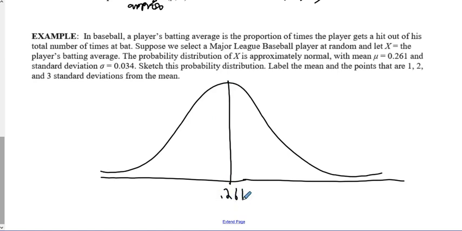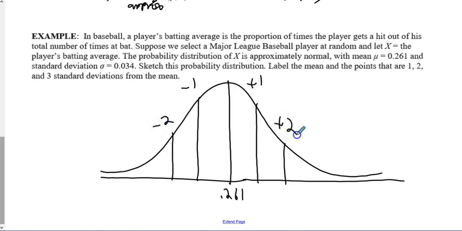Now, we're going to mark off the standard deviation evenly. This doesn't have to be perfect. That's -1, +1. And we're going to put one like here and here. -2, +2. And then one down here, -3, +3. That's how we label it.